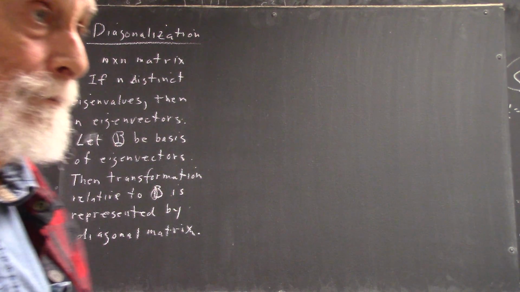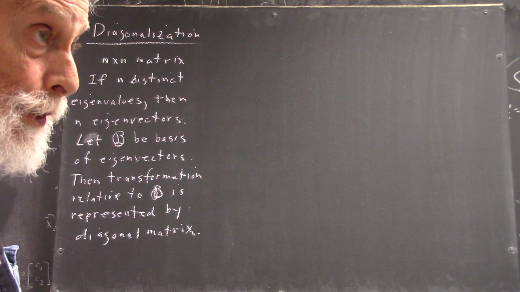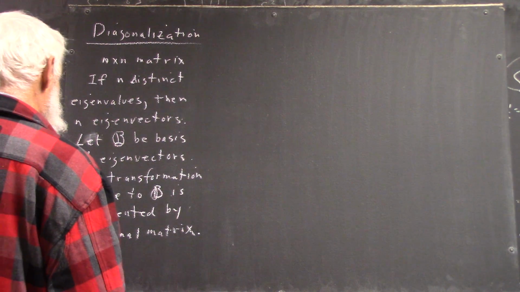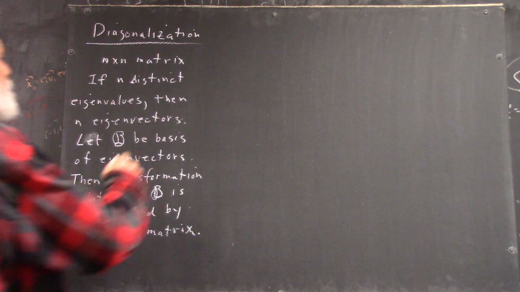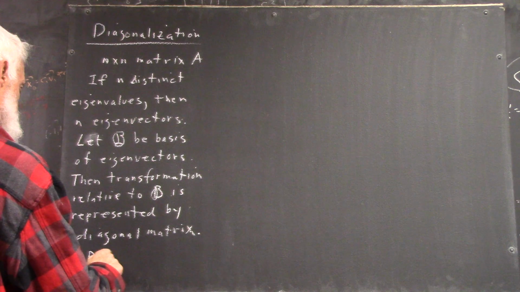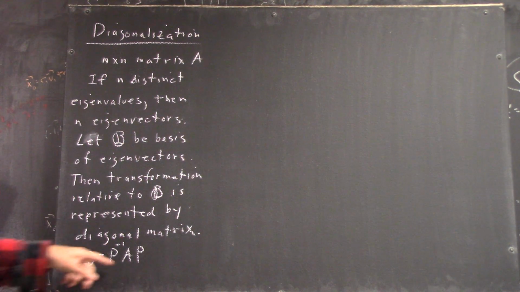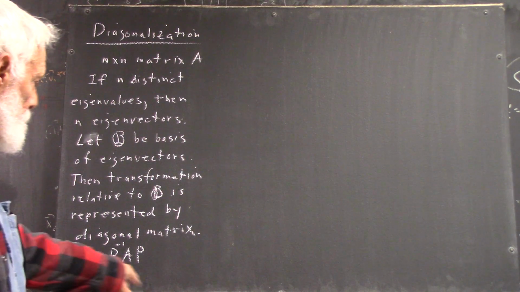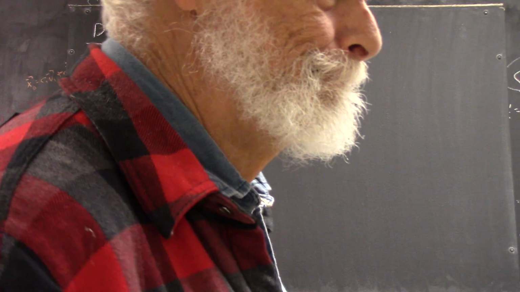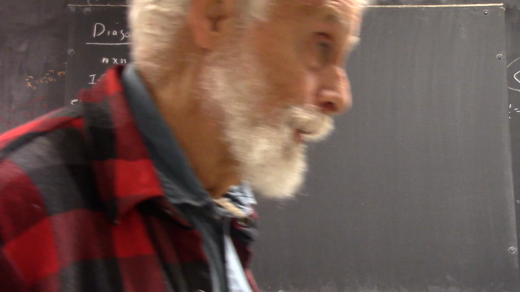Okay? And you know how to do the change of basis. So your diagonal matrix is just P inverse AP, where P is your change of basis matrix. Okay? That's all.